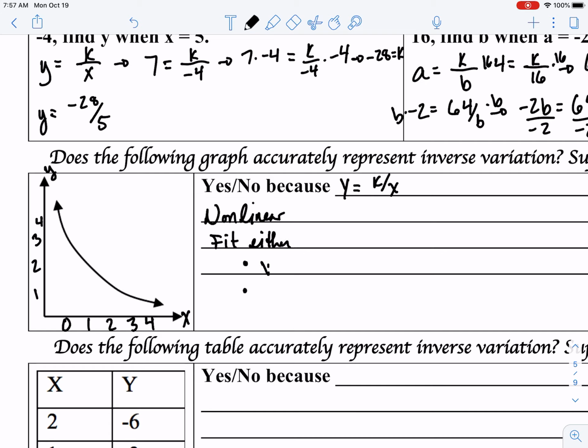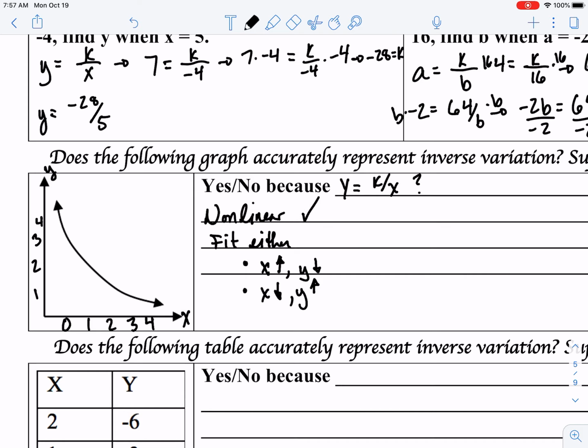All right, so as X goes up, Y goes down, or as X goes down, Y goes up. So I don't have an equation, so I don't know about this yet. It is nonlinear, so that works.